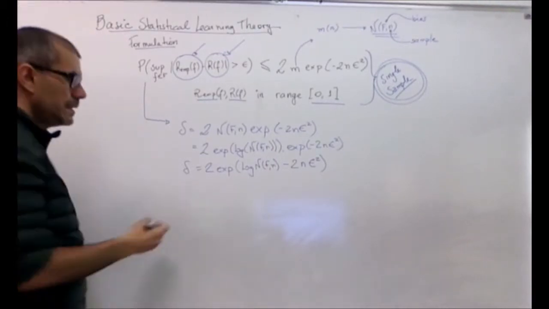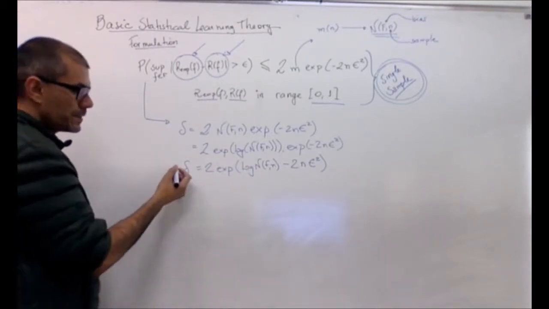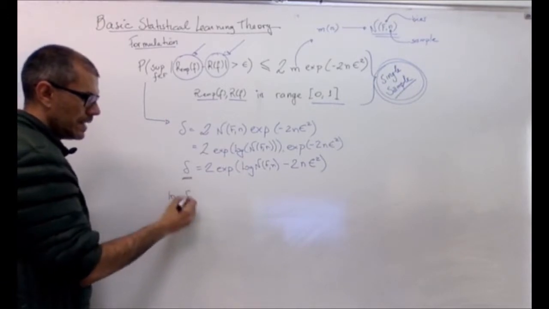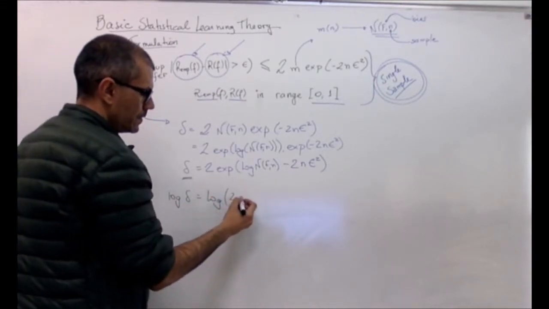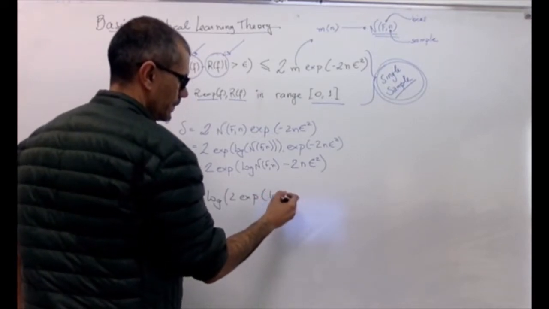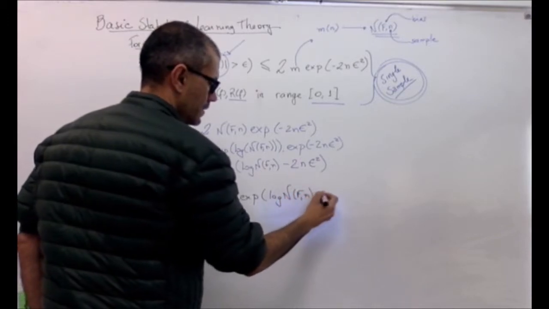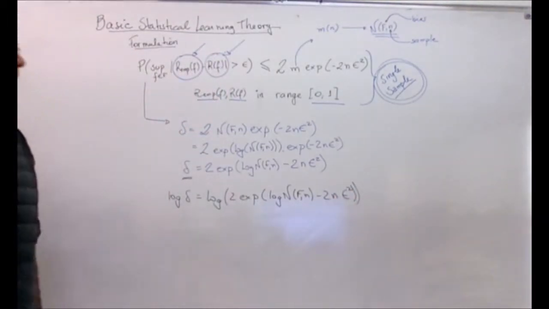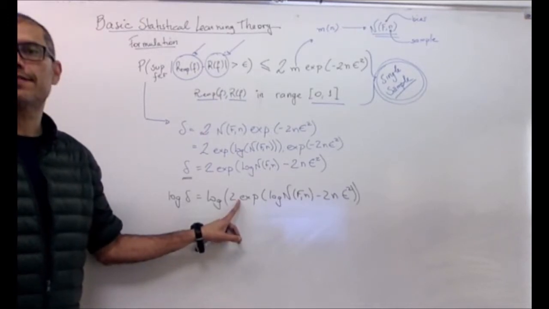So as a last step, from here, I will isolate epsilon. To isolate epsilon, of course, I will apply a log on this side. So I have log of delta equal to the log of everything: 2 times the exponential of this term. If I do that, I have the log of a product, so I can use the sum of logs.